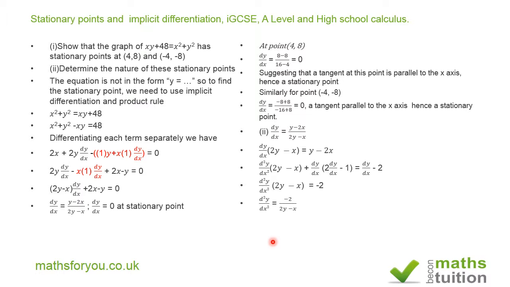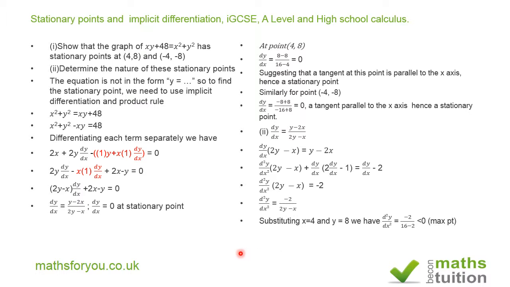If we now substitute 4 for x and 8 for y, we end up with d2y/dx squared becoming minus 2 divided by 16 minus 4, and that will give us a negative value. So it's less than 0, which suggests a maximum point. So the stationary point 4, 8 is a maximum point.